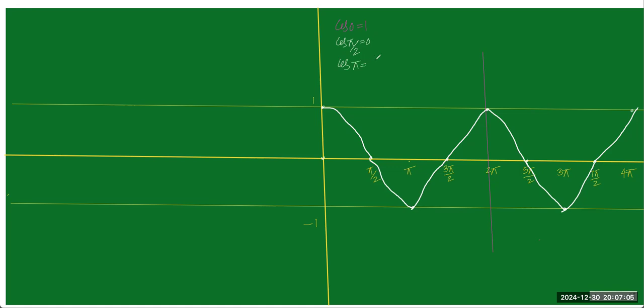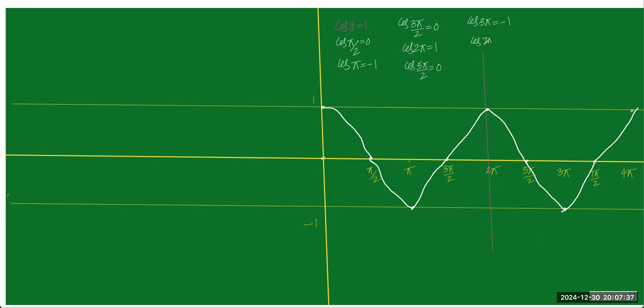Then cos 3 pi by 2 is 0. Then cos 2 pi is positive 1. Cos 5 pi by 2 is 0 again. Cos 3 pi is negative 1. Cos 7 pi by 2 is 0.